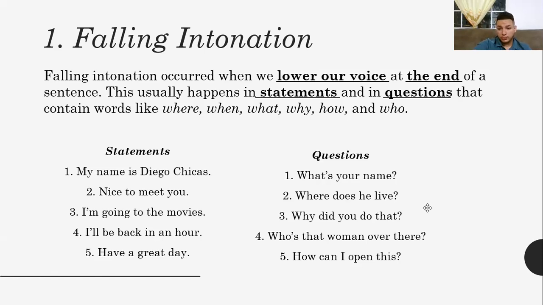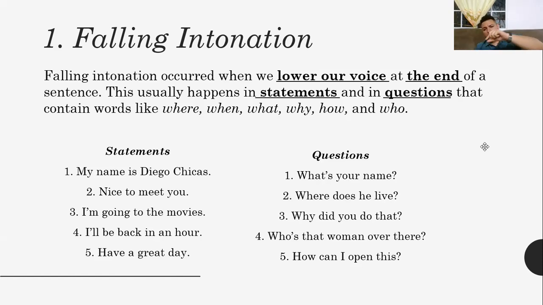If you listen carefully, the intensity of the voice is lower at the end of the sentence, and it's pretty much the same with information questions. Let's say it is like a normal line. It starts normally, with a normal voice, and at the end of the sentence, it goes down.